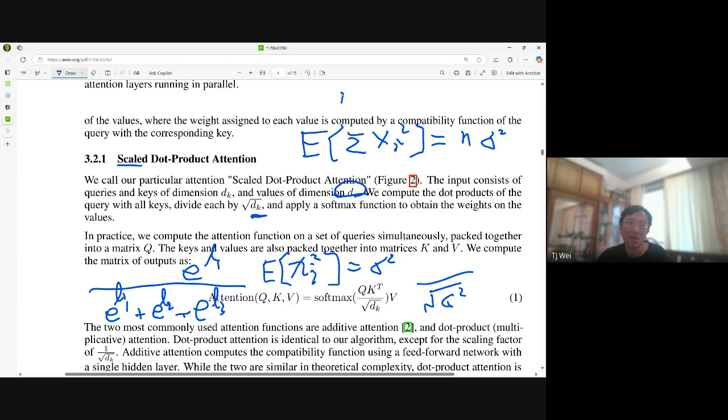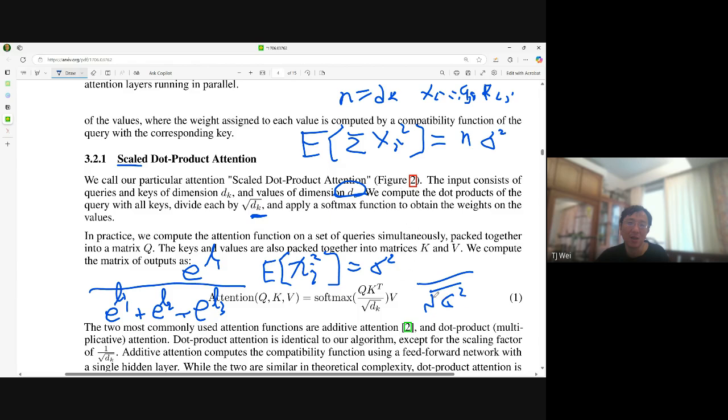n is equal to dk in our case, and xi is probably something like qi, ki, kij, qj, something like this. So you can see that if the dimension is n, the variance is going to be n times the variance of one element.